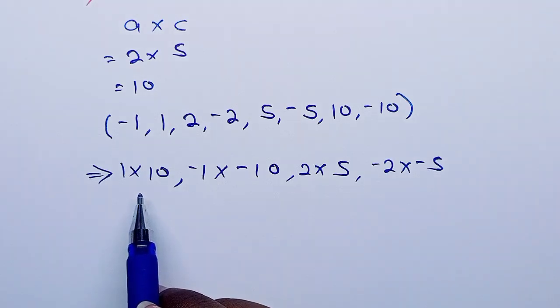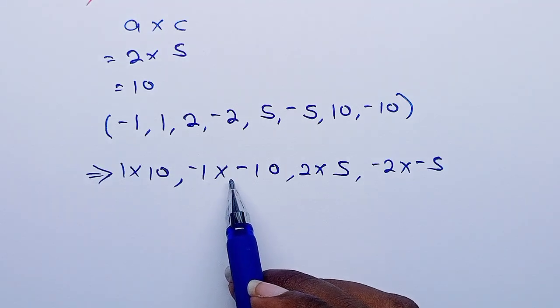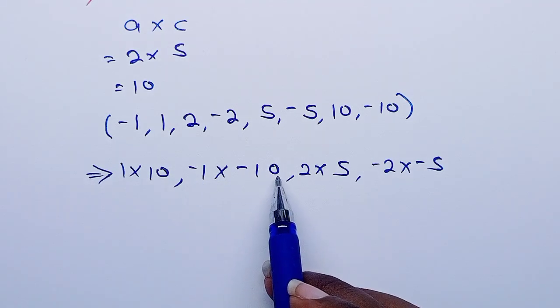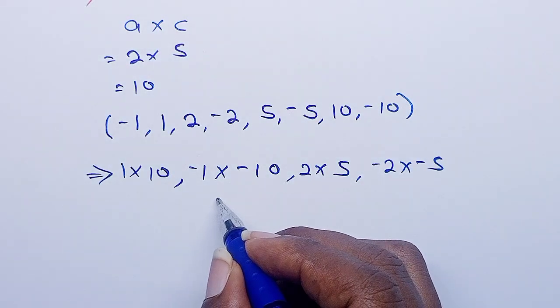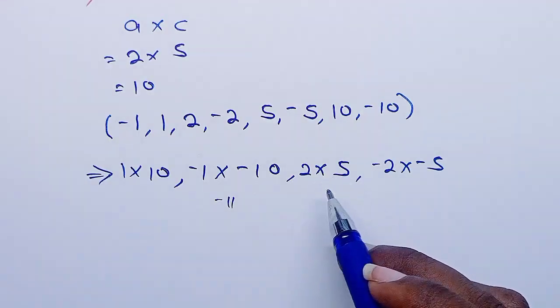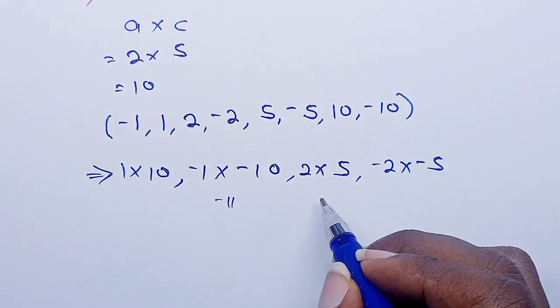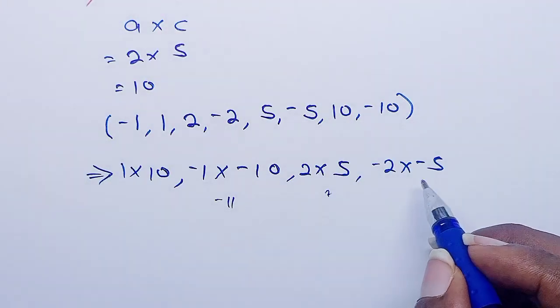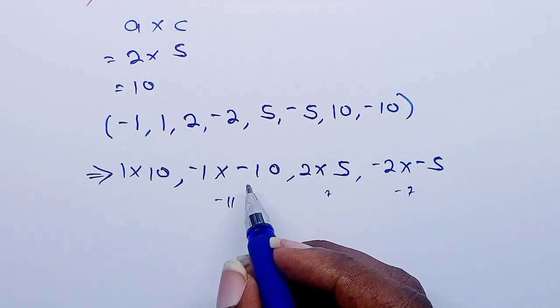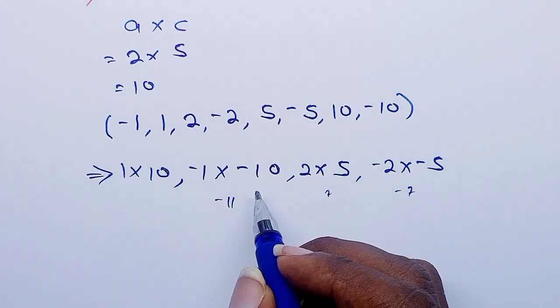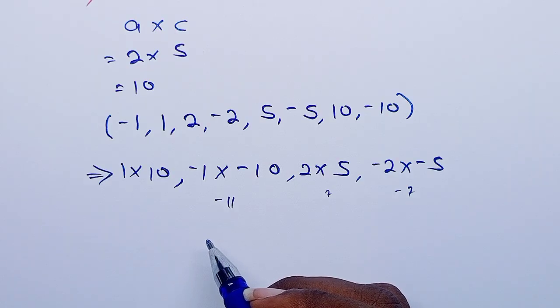We are looking for negative 11. Negative 1 and negative 10, when you add them together, you get negative 11. 2 plus 5 gives 7. Minus 2 minus 5 gives negative 7. So our suitable factors are negative 1 and negative 10.